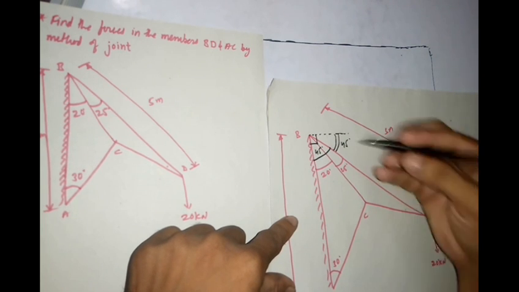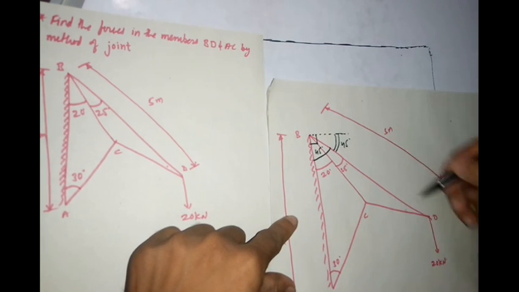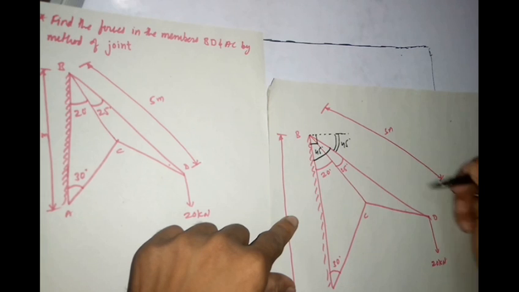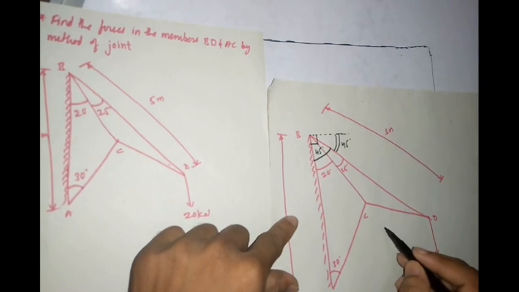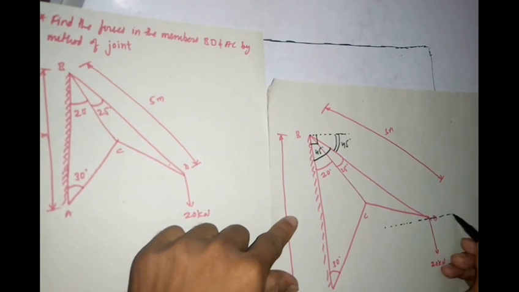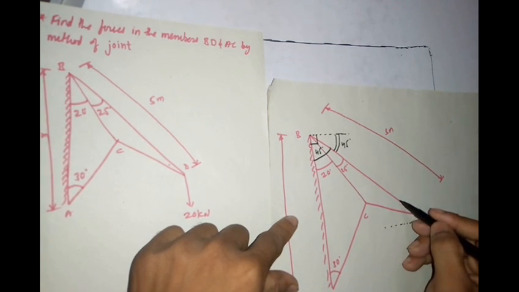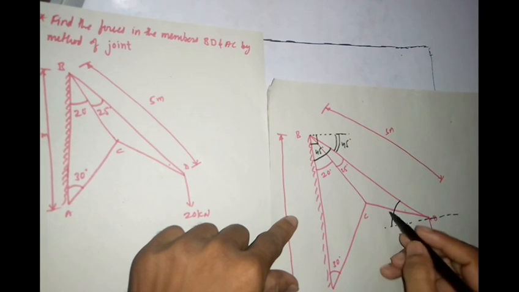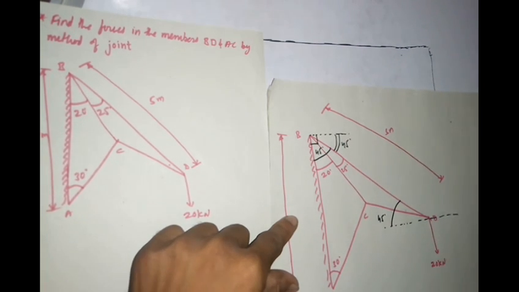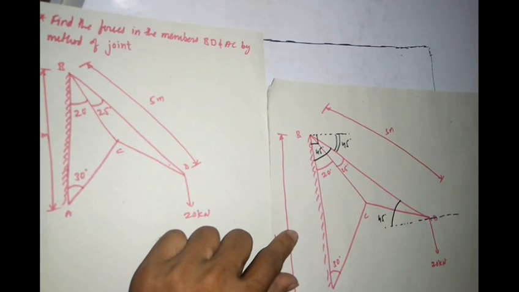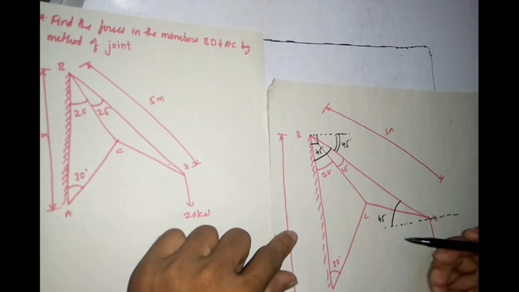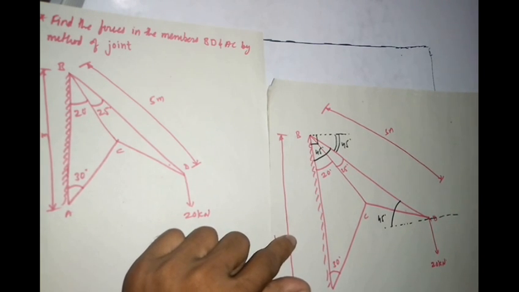This means the member BD has an angle of 45 degree with horizontal. Let us draw one more horizontal here. Now this same member with horizontal will have 45 degree, from the alternate angles. Like this we have found the angle of member BD with respect to horizontal.